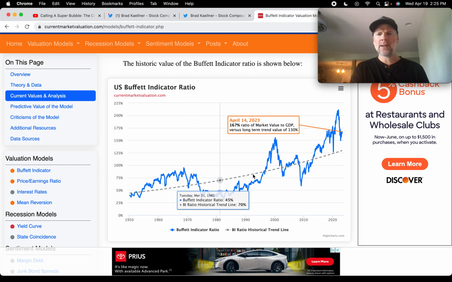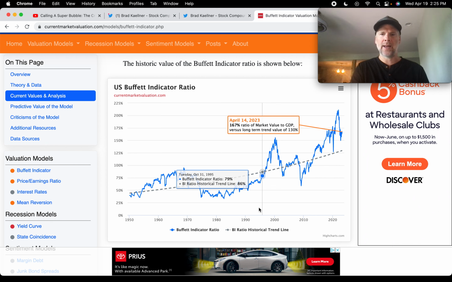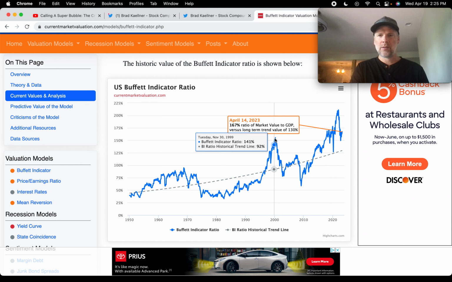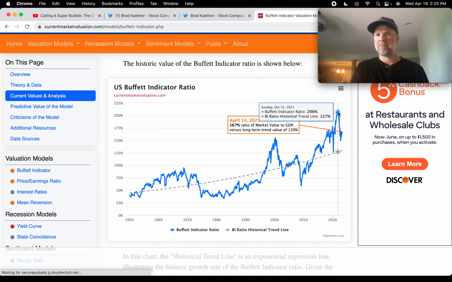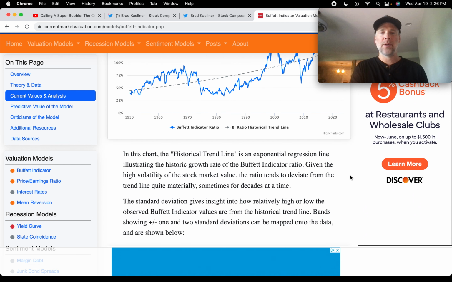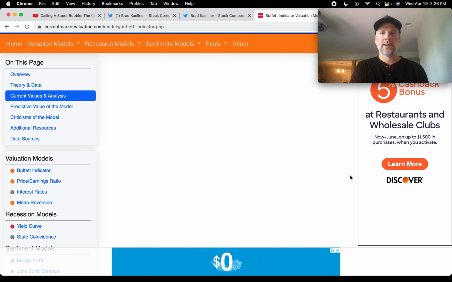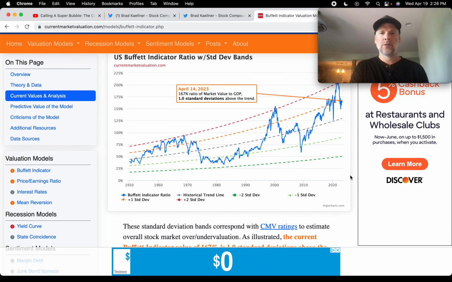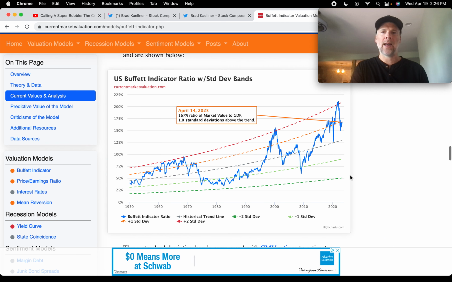This is the trend line, this gray line. You can see here the dot-com bubble, and you can see here just about a year and a half ago. So those sure seem to stand out, but let's look at the standard deviation lines overlaid on this data.